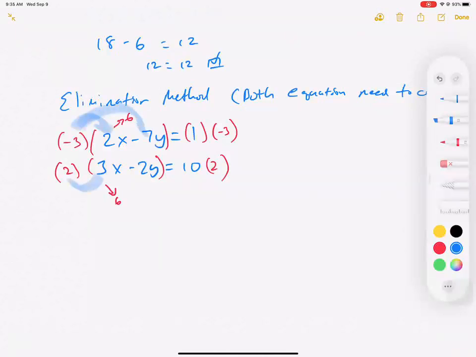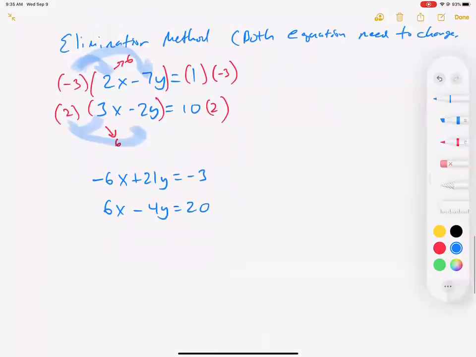Negative 3 times 2 and negative 3 times negative 7 is going to be negative 6x plus 21y equals negative 3. On the second equation, multiplying everyone by 2, that's going to give us positive 6x minus 4y equals 20. So not only did the first equation have to change, the second equation also had to change.